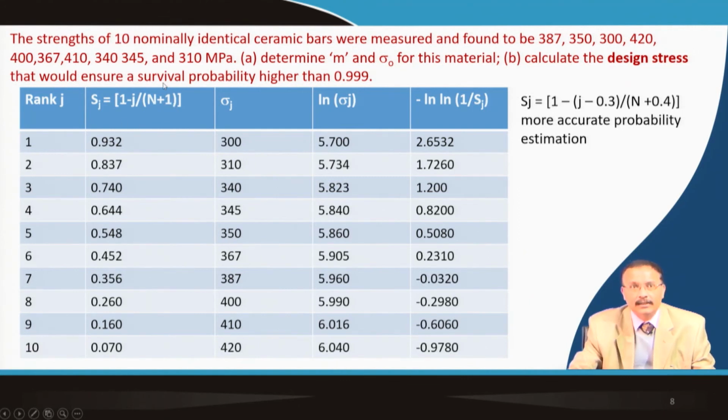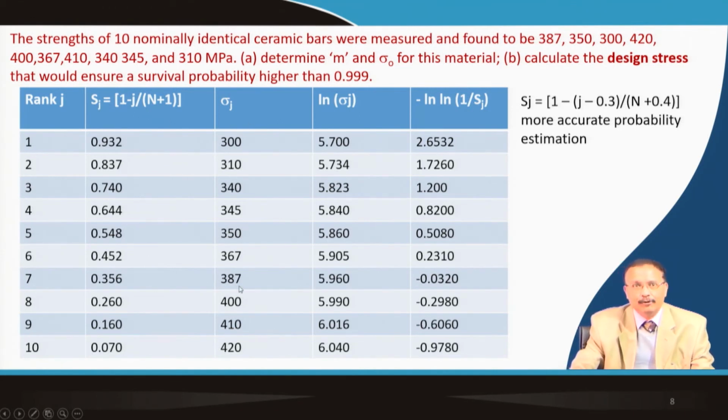If you want to calculate this type of probability in a better way, then you can use this relation, where it is slightly modified. Instead of j, it is j minus 0.3, and instead of simple n plus 1, it is n plus 0.4. So, this value you can calculate yourself.